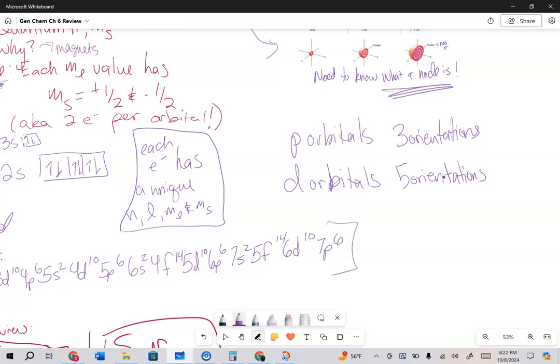So that's the full electron configuration all the way up to the end of the periodic table. So this is element 118.